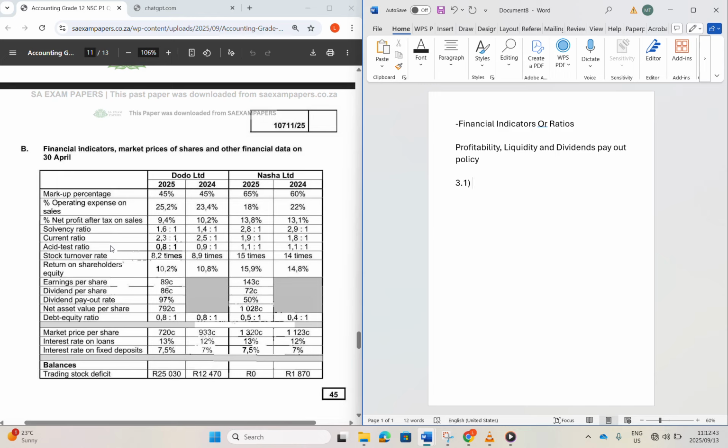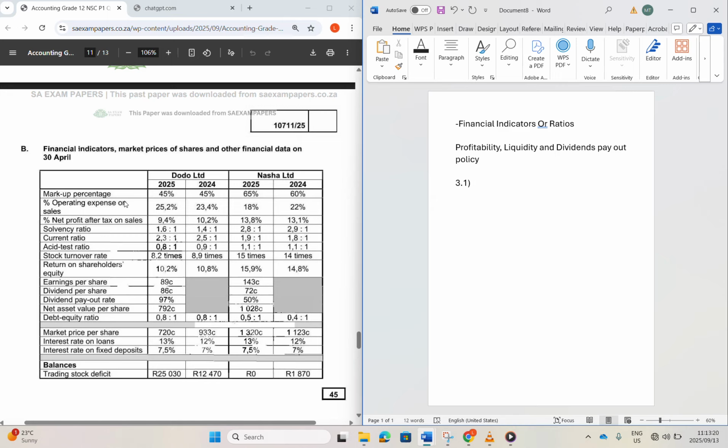Okay, we are comparing the two companies and we want the profitability that shows an improvement. So if you come to Dodo Ltd, their net profit after tax for 2022 was sitting on 10.2%, but they say decreased to 9.4%. This is not an improvement. We want an improvement. So if we come here, Nasha Ltd, their net profit after tax increased from 3.1 to 3.8. This is an improvement.